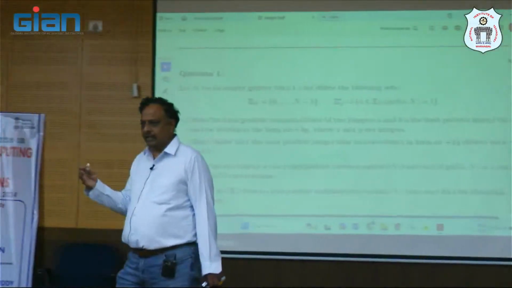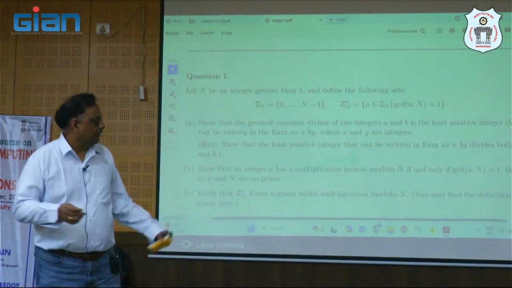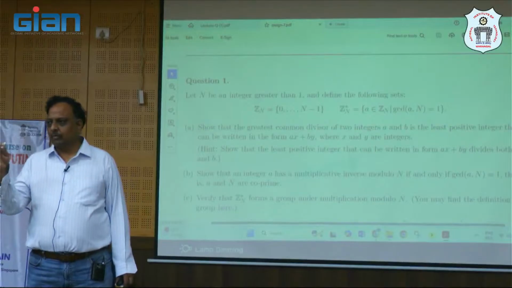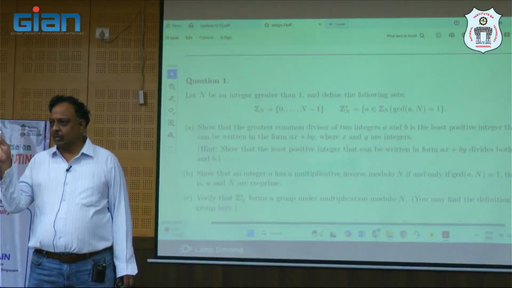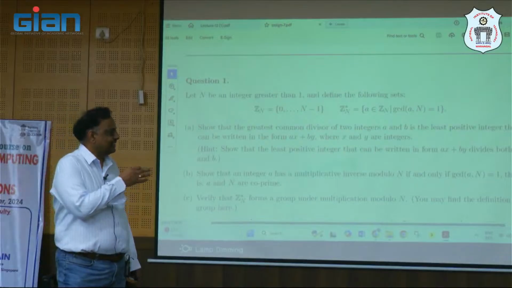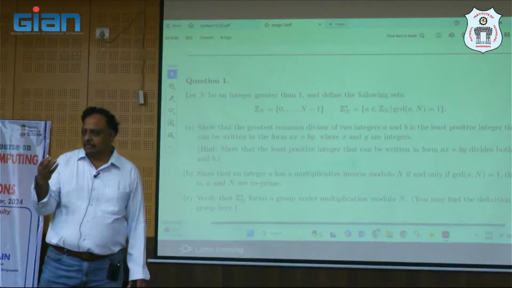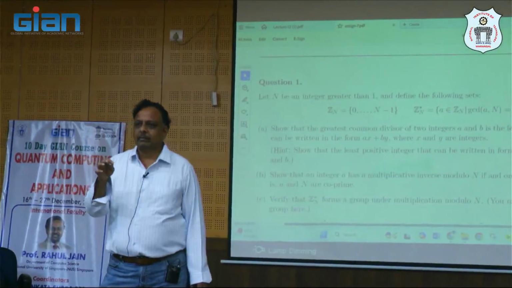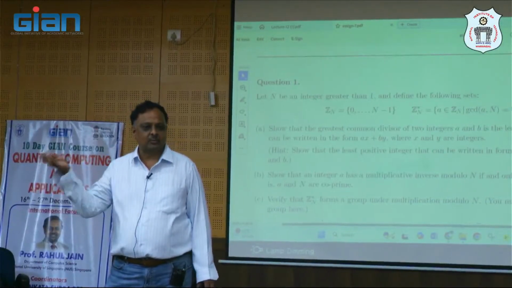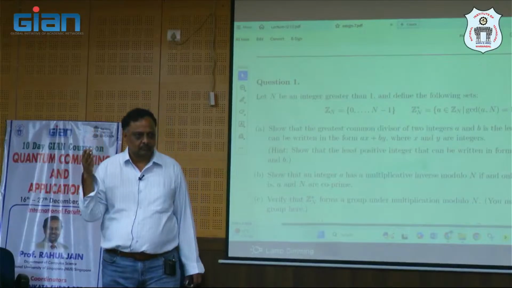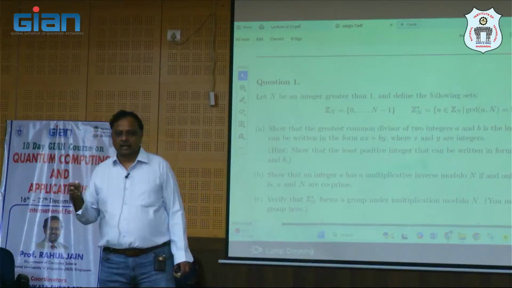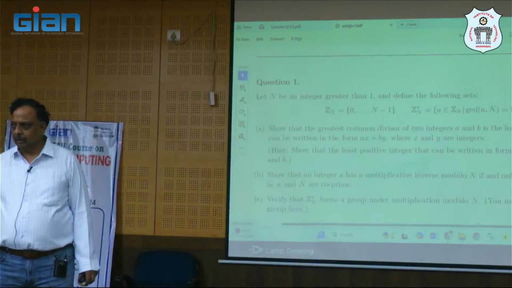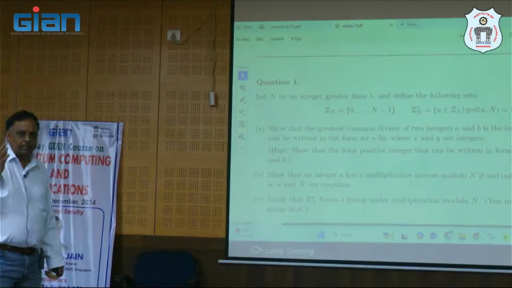If you go mod n both sides, what do we get? Left hand side becomes Ax because plus ny becomes 0, correct, and right hand side is 1, agreed. So x becomes the multiplicative inverse, correct. A times x is 1 mod n, correct. So x is now the multiplicative inverse.